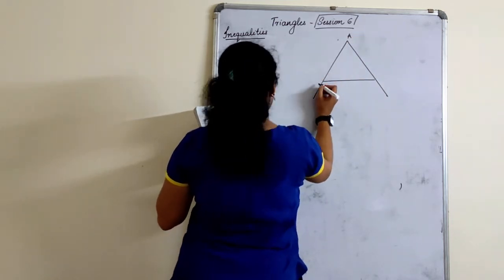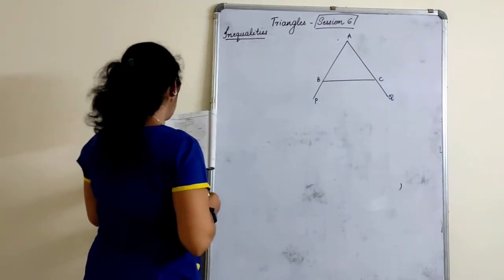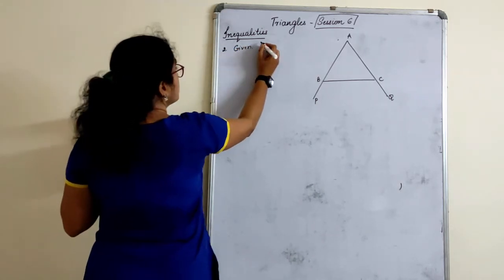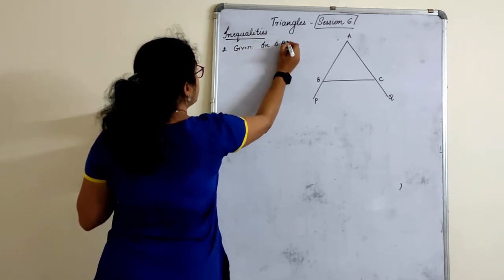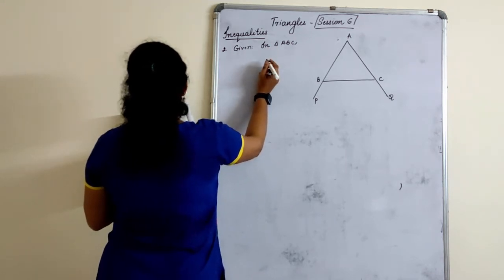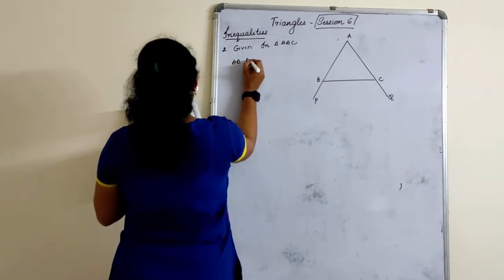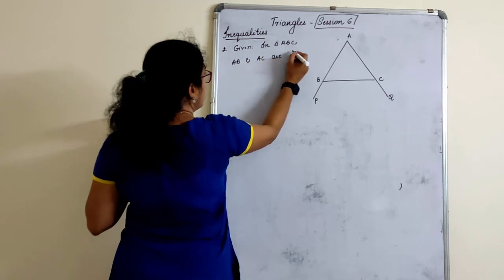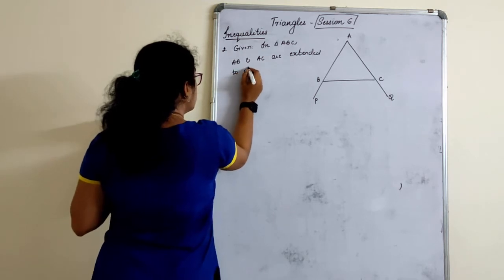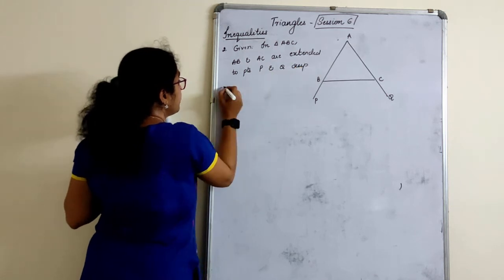This is A, this is P, this is Q, and this is C. So given, in triangle ABC, AB and AC are extended to points P and Q respectively.